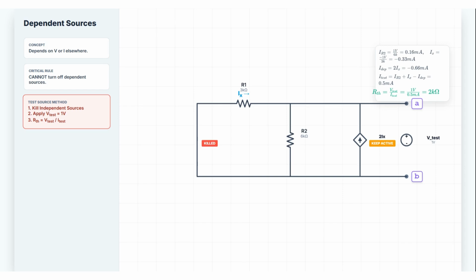R Thevenin equals V test divided by I test equals 1V divided by 7 over 18 mA equals 18 over 7 kiloohms, approximately 2.57 kiloohms. So the Thevenin equivalent is an 8-volt source in series with 2.57 kiloohms. Yes, this method is more involved, but it's the only way to handle dependent sources correctly.